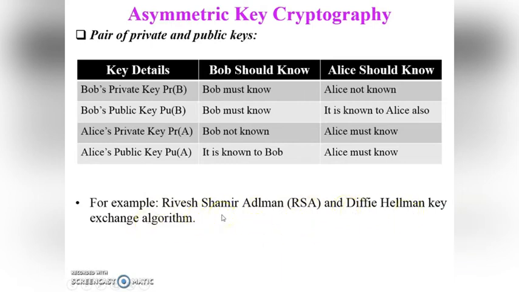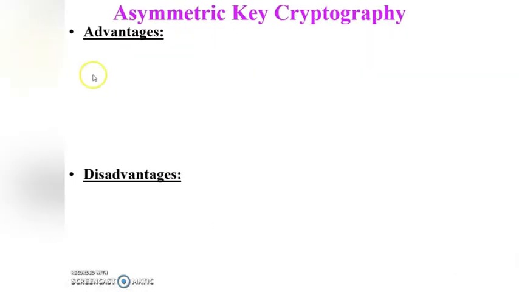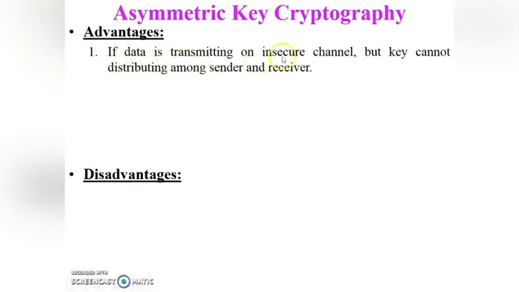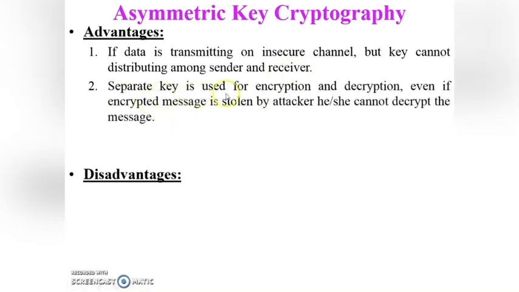Now this is Bob's private key, so we write it over here as PR of B. So the encryption algorithm's input is capital X and PR of B, the private key of Bob. This is the message to be transmitted after encryption. So the output of this encryption algorithm is capital Y, and Y is transmitted to the receiver side through a channel. Next, Alice has received the message. Y has reached Alice, so we can say at the receiver side.